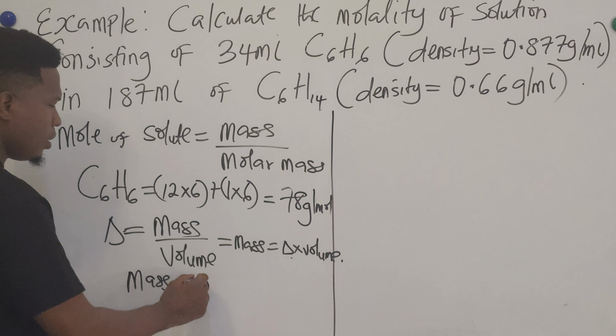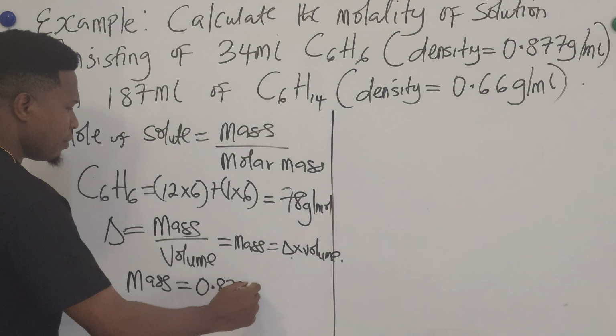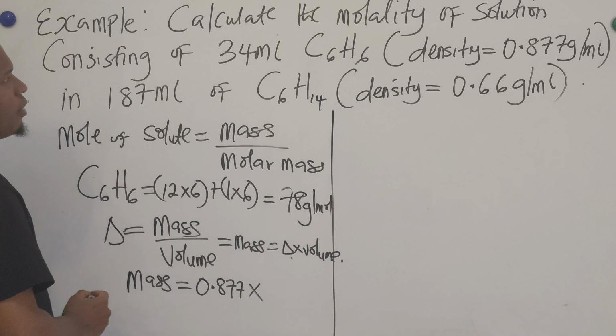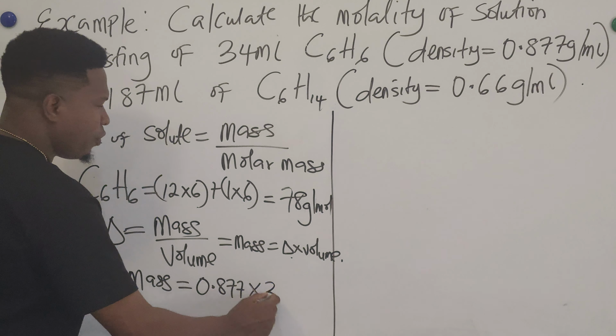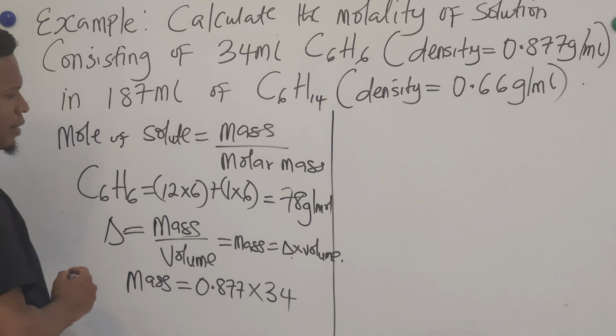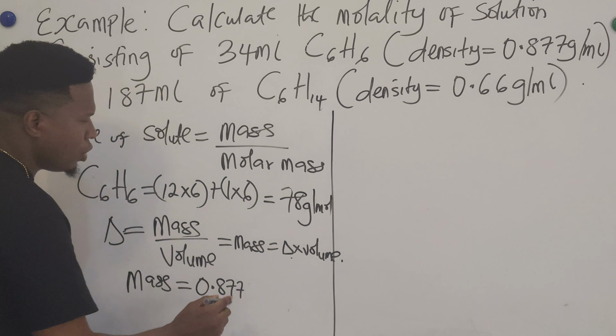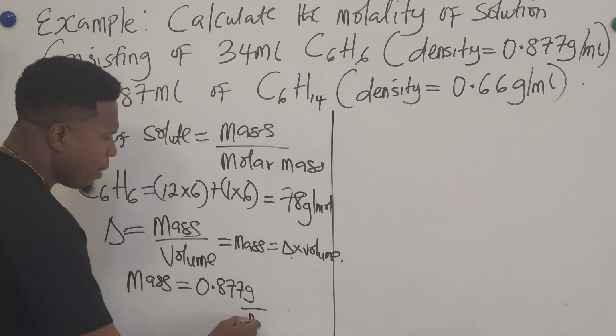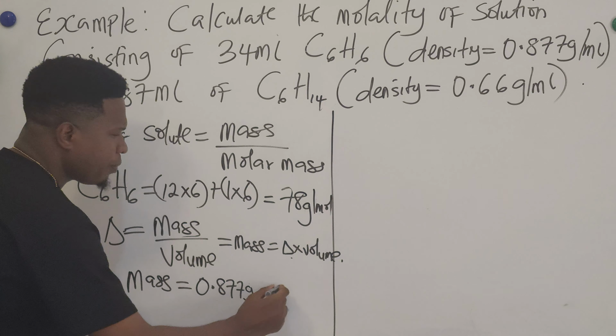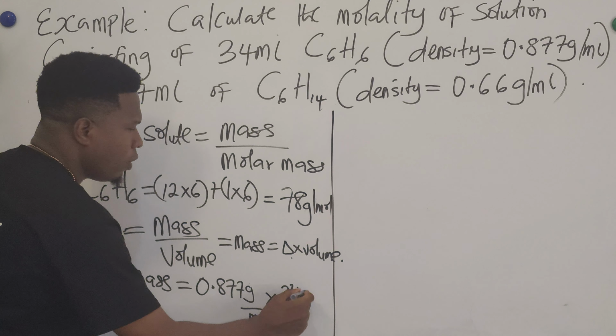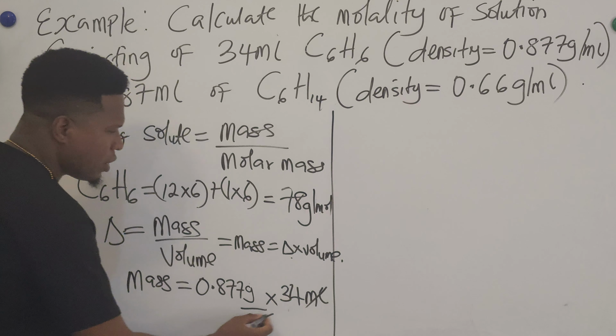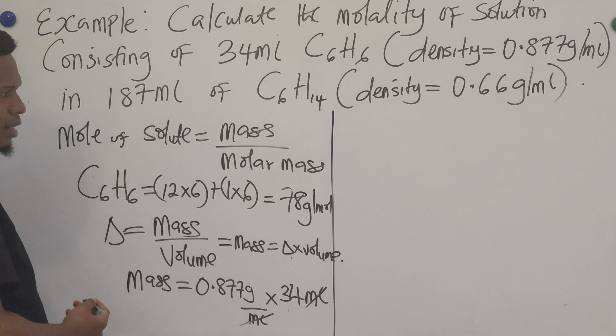So the mass of the solute becomes density. What's the value? 0.877 times the volume, which is 34. Now somebody will ask, how will the unit cancel out? Let me show you. This is in gram per ml multiplied by 34 ml. So ml will cancel ml, and what is left is the mass in grams.